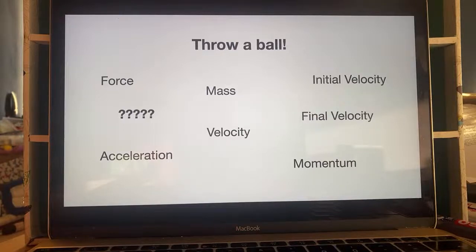So force, acceleration, mass, velocity, initial velocity, final velocity, momentum. Which of these things are changing? Could be all of them. What's been affected by you? What are you changing about the ball when you throw a ball? Force, mass, velocity, acceleration, momentum.